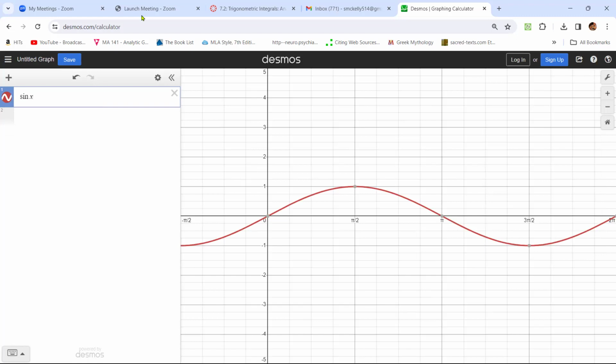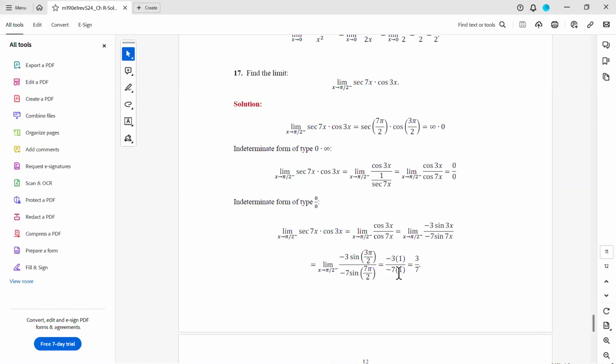Now let's go back, okay? So we now have the sine. Let's focus on this sine of 3 pi over 2, okay? Sine of 3 pi over 2, what is it? Well, let's go back to the graph and look at it.